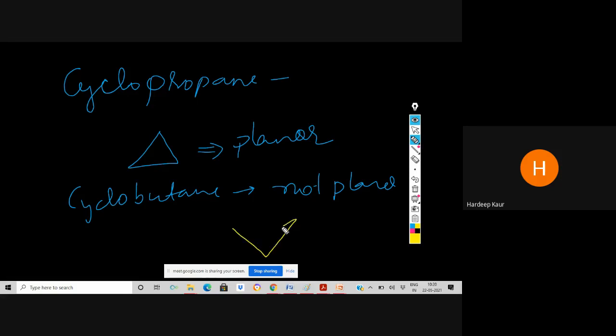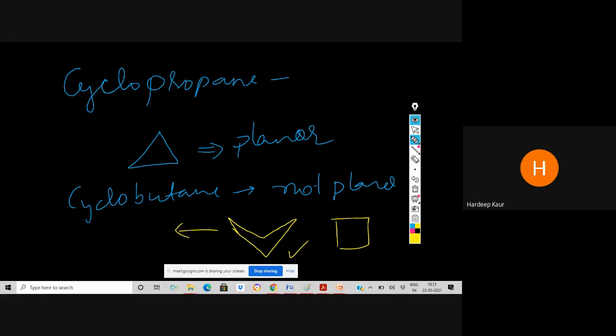So it is a four-membered ring, and it's like this. Cyclobutane does not exist in a plane, it exists as this non-planar conformation. What is the reason for this? This conformation results in relieving of eclipsing strain.